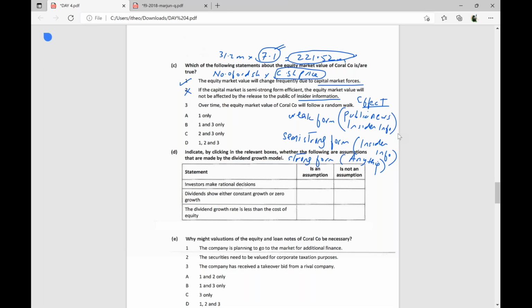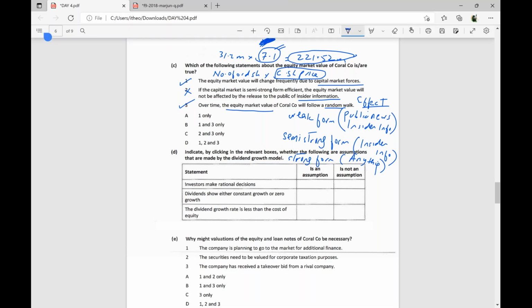And third, over time, equity market value will follow a random walk. Now, what does random walk mean? Random walk means no logic, just random on its own. So equity market values do follow a random walk, because equity market value is number of ordinary shares times current share price, and current share price randomly changes in the market.